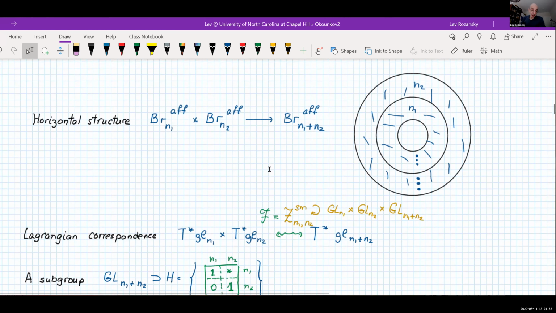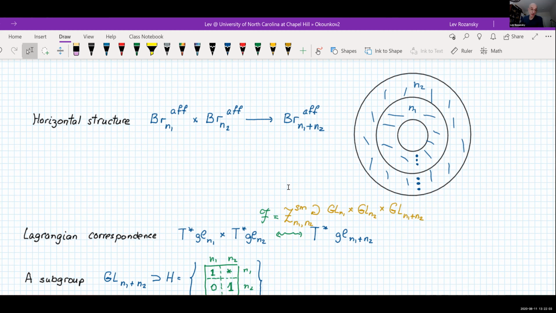Now, here we even have a Lagrangian correspondence between two categories corresponding to GL_N1 times GL_N2, and GL_{N1+N2}. Sorry, so let me say it differently. What I want from this horizontal structure is to match it by the corresponding functor between the categories in which we send affine braids.